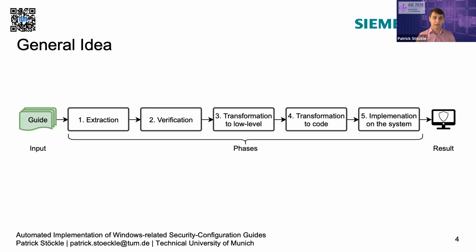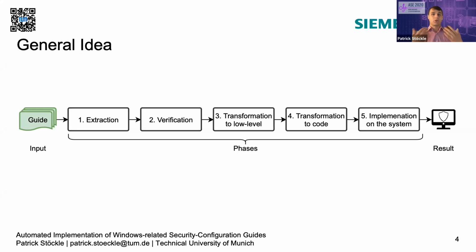In the second step, we do verification. By verification, we want to know if the things we have extracted actually exist. So are these settings existing on the given computer system, and are the values valid for the settings we have extracted them for? These two steps, extraction and verification, are conceptually the most interesting steps of our approach.